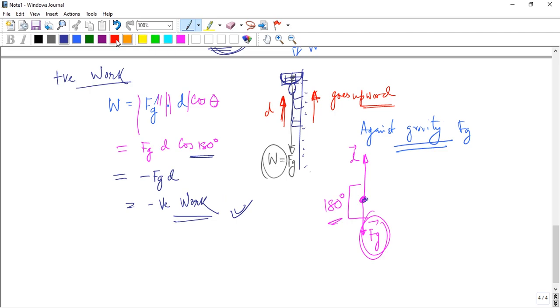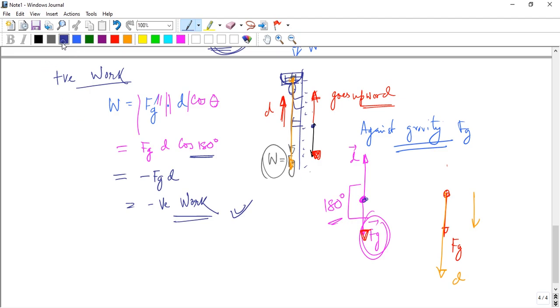Similar condition, but now the body goes downward. Fg is also downward. So the person goes down, and the displacement and Fg are both in the same direction.